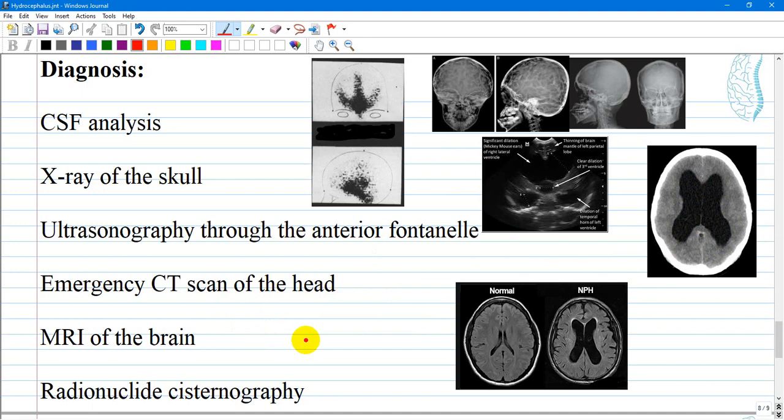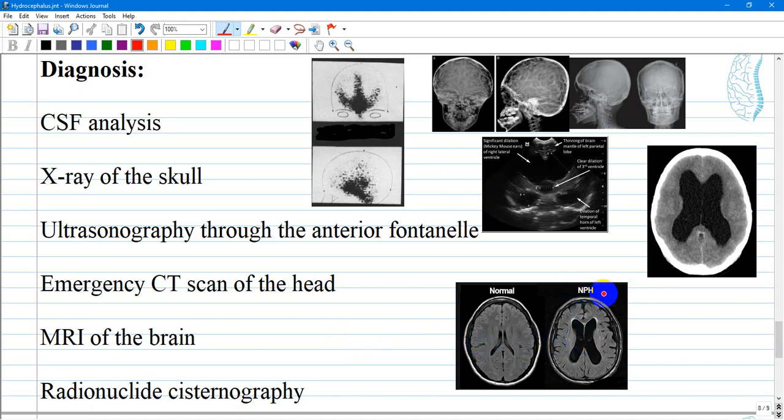MRI, or magnetic resonance of the brain, is the study of choice as it shows the posterior fossa structures better, can differentiate between brain tumors and degenerative diseases, and can differentiate normal pressure hydrocephalus from cerebral atrophy.